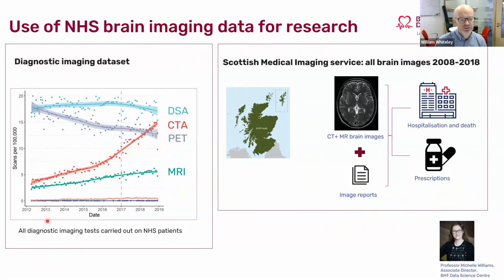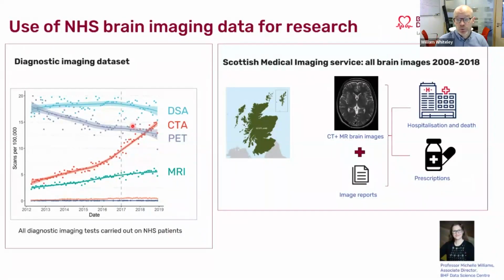And there are different types of scans in different colors that have been used for imaging in heart disease. And what we can see here is the remarkable increase in the use of CTA, a slow increase in MRI, but a slight decline in the use of PET for cardiac research.